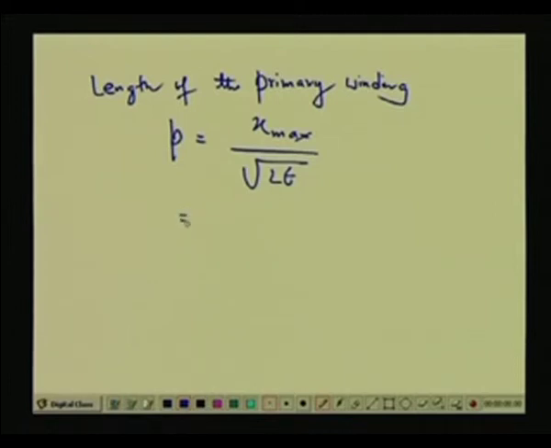So, this will come up as 6 upon 2 into 0.1, where epsilon is the nonlinearity, which we are saying is 10%. So, 0.1, and 6 is the maximum displacement of your LVDT core. So, it is coming up as 13.4 centimeter. So, let us take it 14 centimeter.